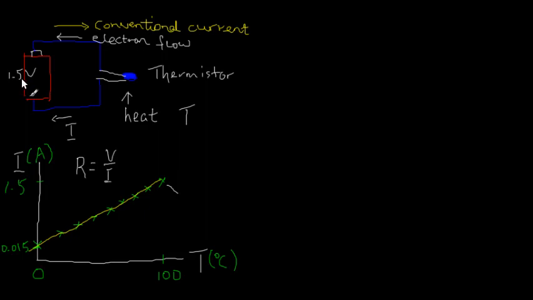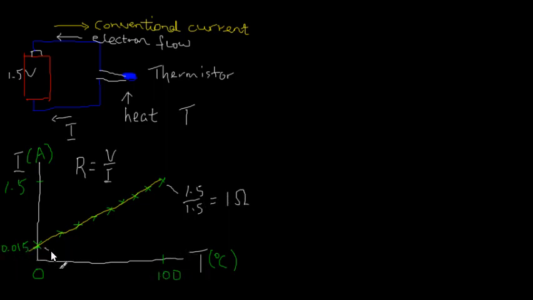Voltage is 1.5 volts. So 1.5 over 1.5 gives 1 ohm. So I might have a resistance of 1 ohm at 100 degrees Celsius.